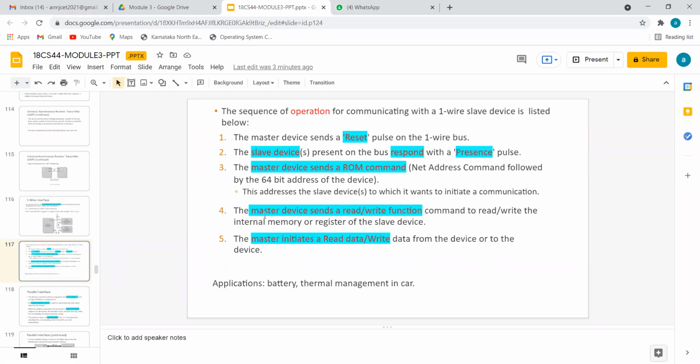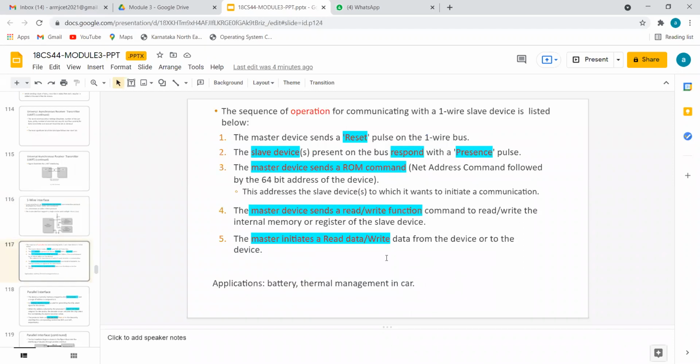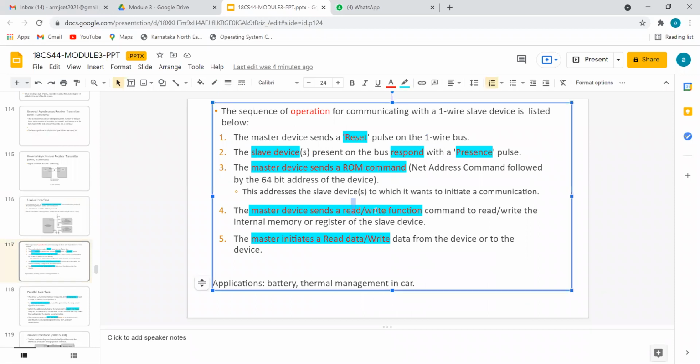And the fourth step is master sends one important command, whether it is going to read or write for the slave. See here, one important thing is master should not decide read or write before finalizing a slave. First, master has to finalize the slave, then among many slaves, one will be activated, remaining all are inactive. For the active one, it should tell whether it is going for read or write.